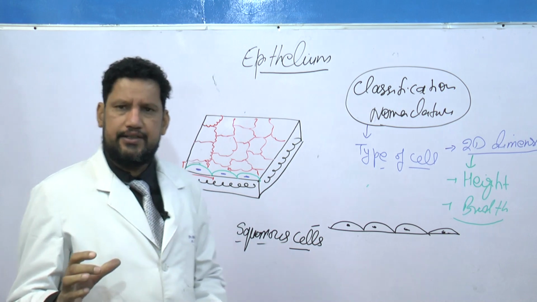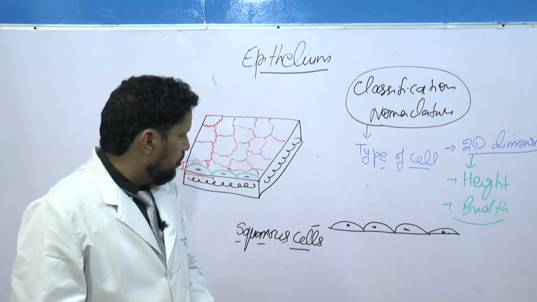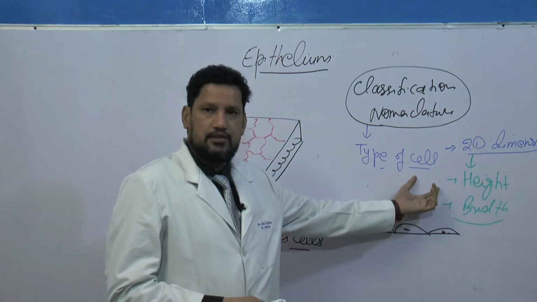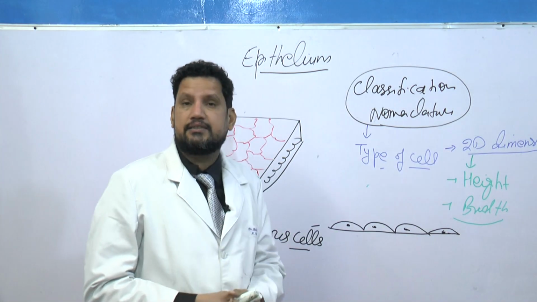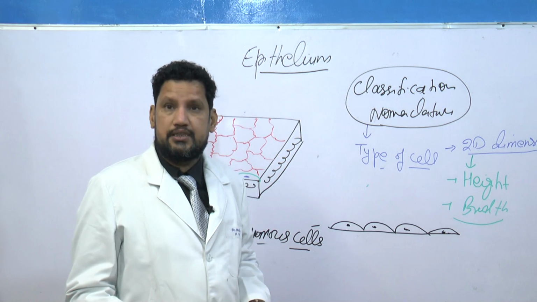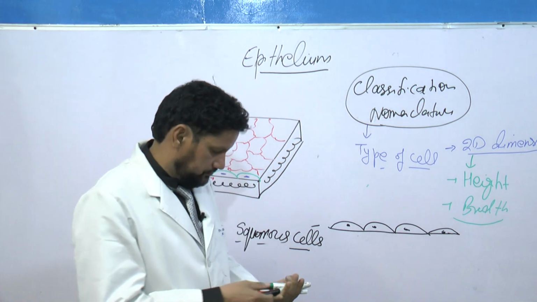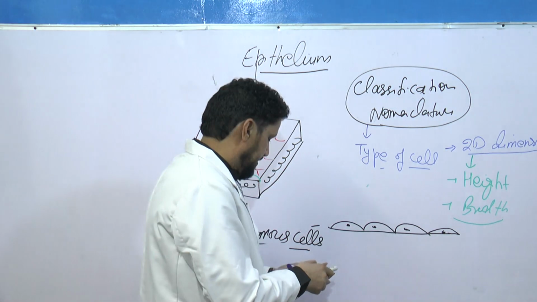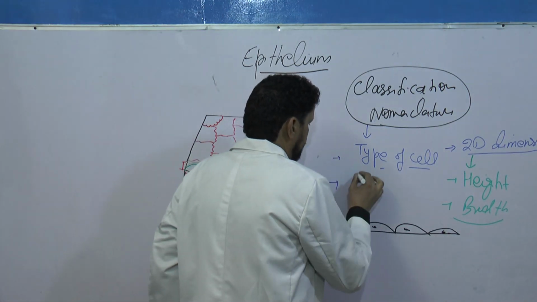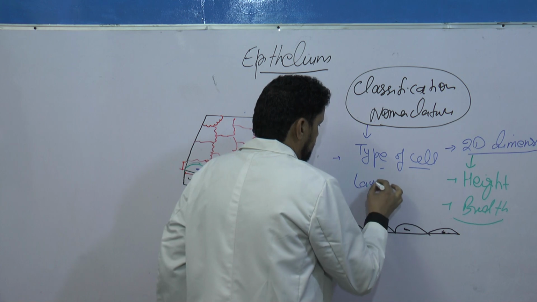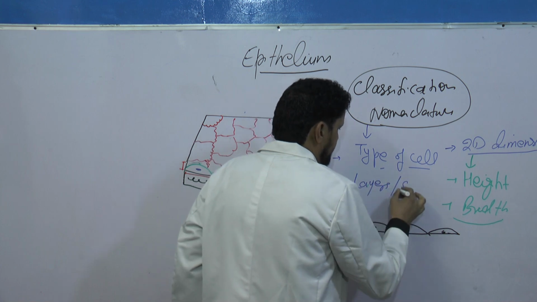The other criteria, I have told already that there are two criteria. One is the type of the cell and the other is the layers of the cells, that is the strata.